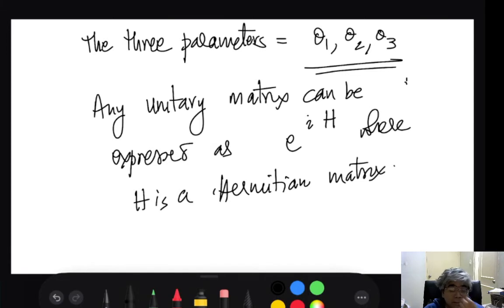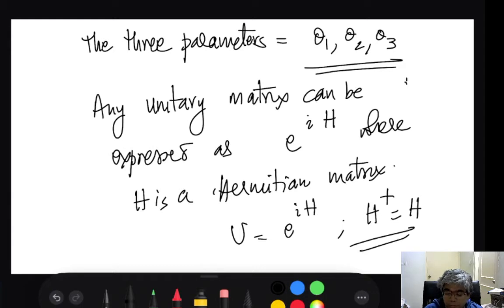What is a Hermitian matrix? H dagger is equal to H. Any unitary matrix can be expressed this way. So if you now represent your unitary group elements in terms of some H's, these H operators are what we learn about in operators in quantum mechanics.